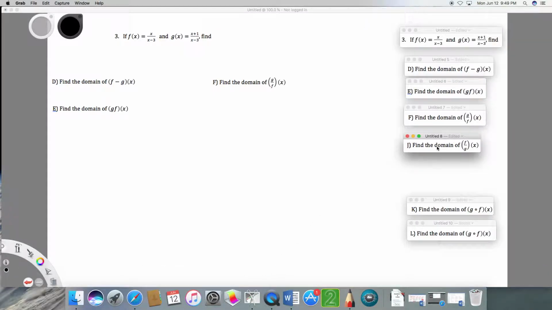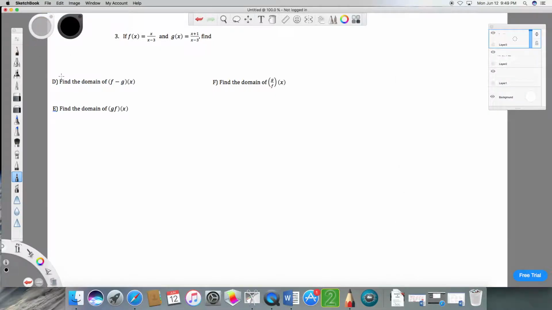And the same is true for J. It might be the same answer as D and E, but we might have to add an additional restriction, because not only do we have to intersect the domains of f and g, we have to make sure that g is never equal to 0, since it's in a denominator.